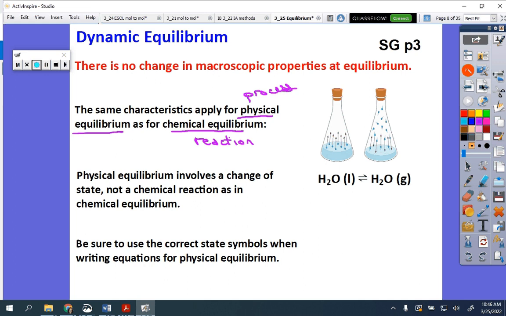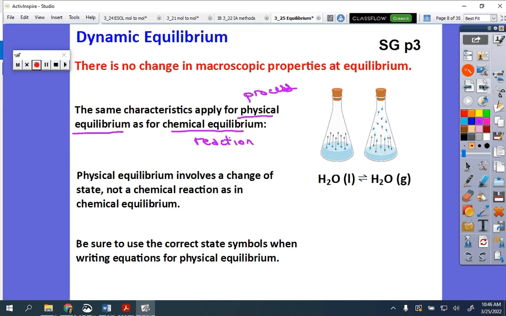Again, that's a physical process going from liquid to gas and gas to liquid. It's a change of state. It's not a chemical reaction, so we consider that to be physical equilibrium versus chemical equilibrium that involves an actual reaction. However, we can write a reaction statement for this, just keeping the states of matter.